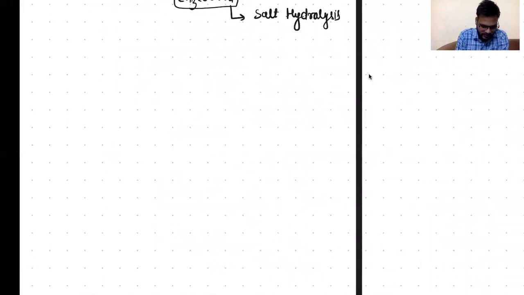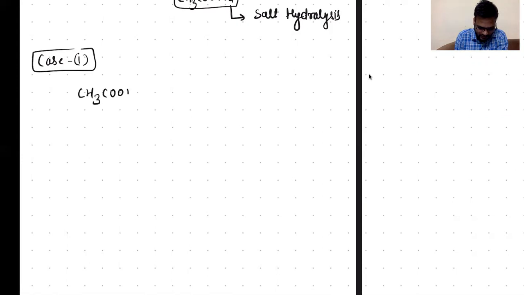Now let us discuss case one of acidic buffer solution. A solution which contains a weak acid and its salt. Both of these species are present in solution. CH3COOH is a weak acid. It will not get completely dissociated into its ions.